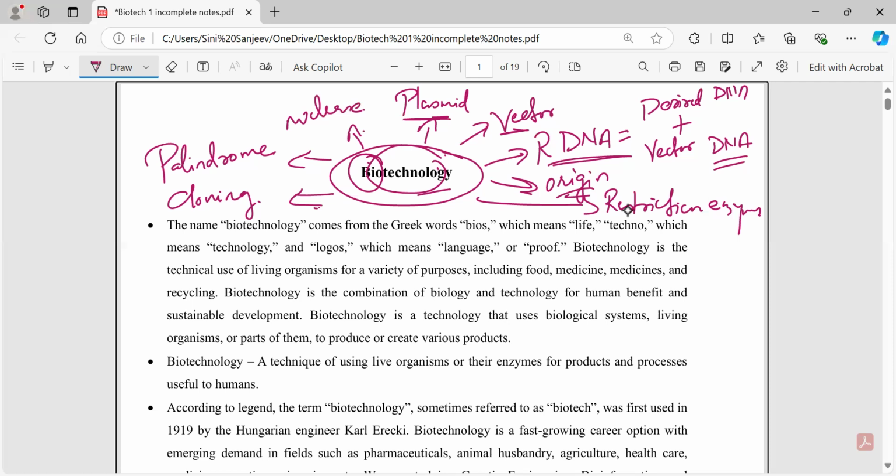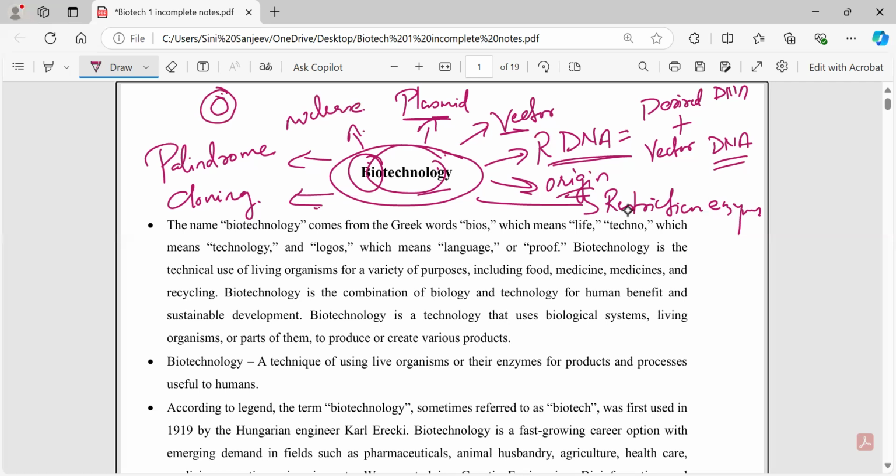It doesn't need any other source to replicate, and it's going to give you the desired product. That is the plasmid, mostly circular. It's a circular extra-chromosomal DNA which has the capacity of self-replication. Then coming to the vector: it is a vehicle which usually transfers your DNA or your recombinant DNA to your host.